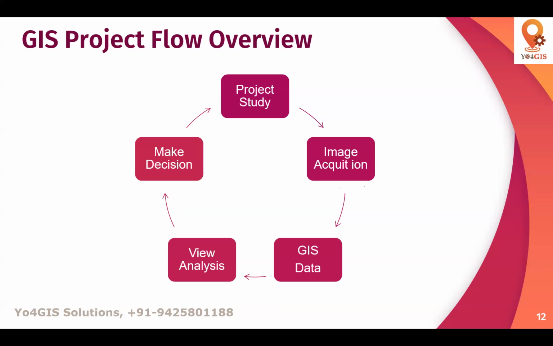GIS is doing the analysis, and after the analysis they provide three different routes. All three routes have different time stamps and different durations. Based on that, we can take the decision. That is a very good use of GIS.